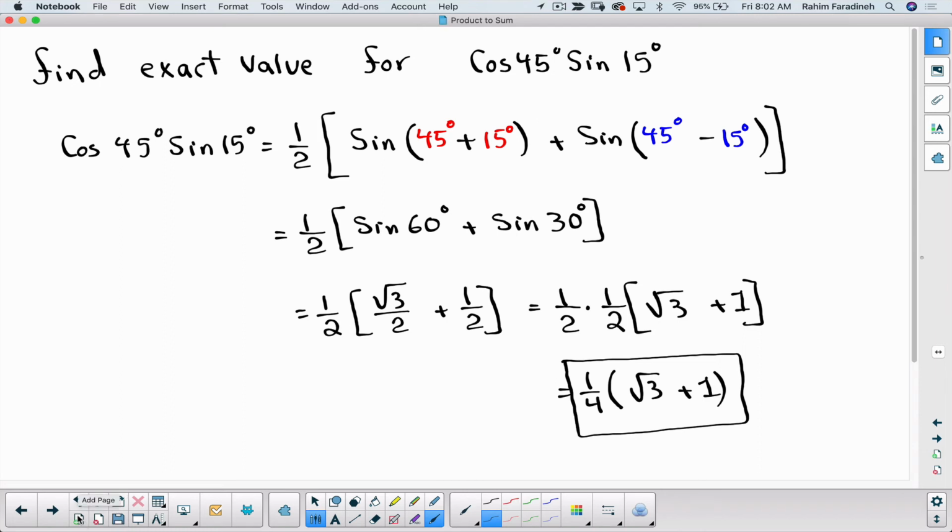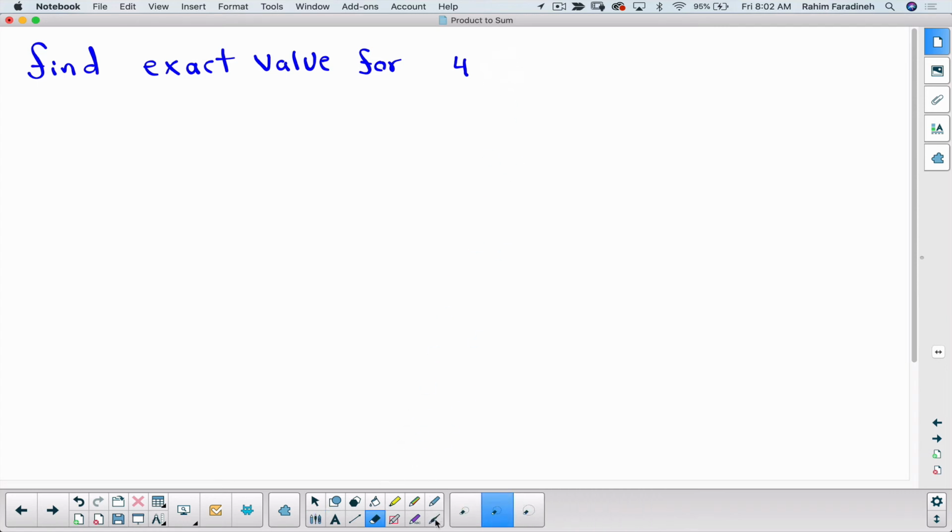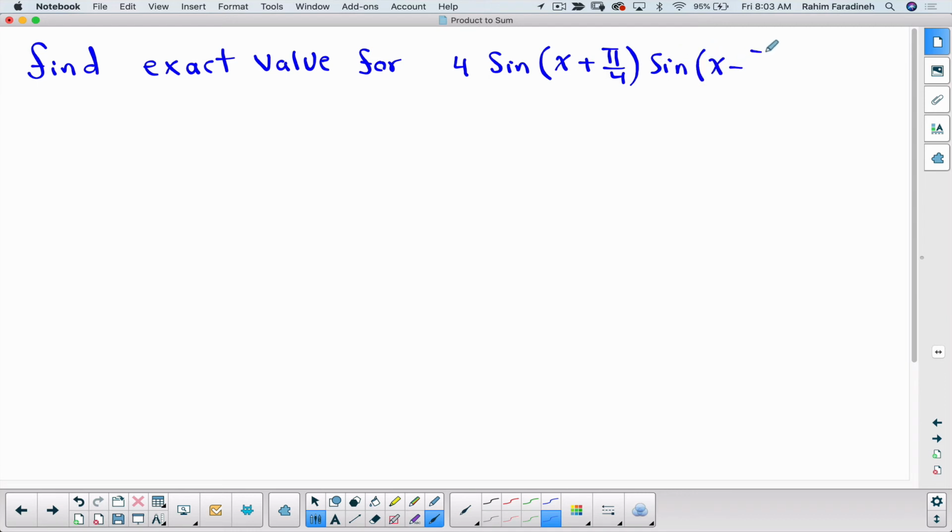Now let's look at another one. I want to find the exact value for 4 times sine of x plus pi over 4 times sine of x minus pi over 4.